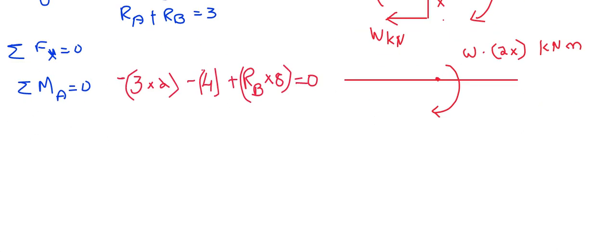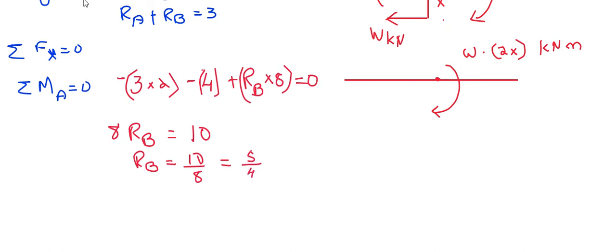So if you solve this equation, you will get 8 RB is equal to 6 plus 4, that is 10, so RB is equal to 10 over 8, that is basically 5 over 4, which is 1.25 kilonewton.